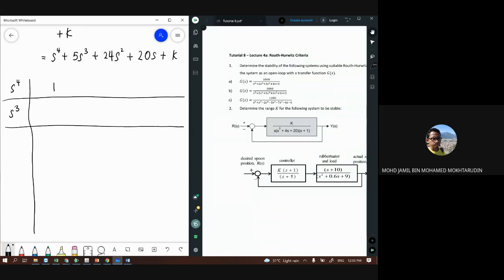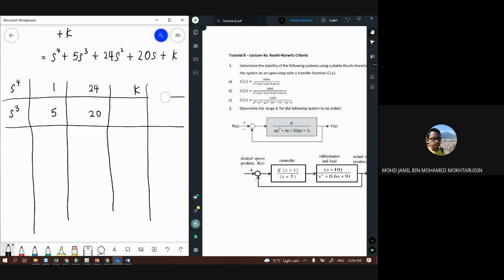So we put 1, 5, 24, 20, and K. Okay. So we don't have any more coefficients, so we just put 0 here.